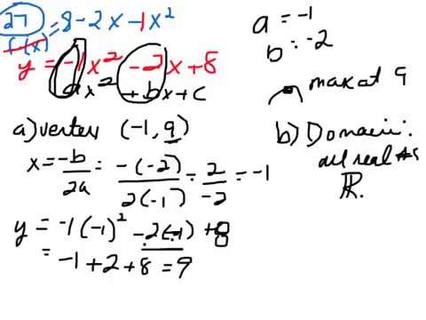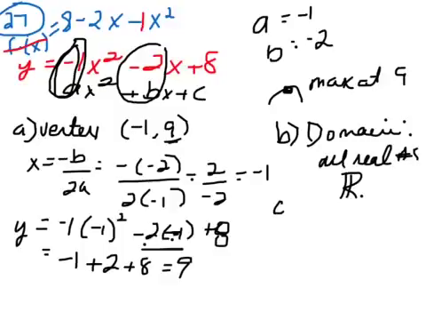Remember, if you get something under a square root that's a negative, you got to watch that for your domain. And the other thing is we don't have any variables in the bottom of this. It's not an equation that's a fraction with a variable in the denominator. So I can put in anything I want to. So it's going to be all real numbers.